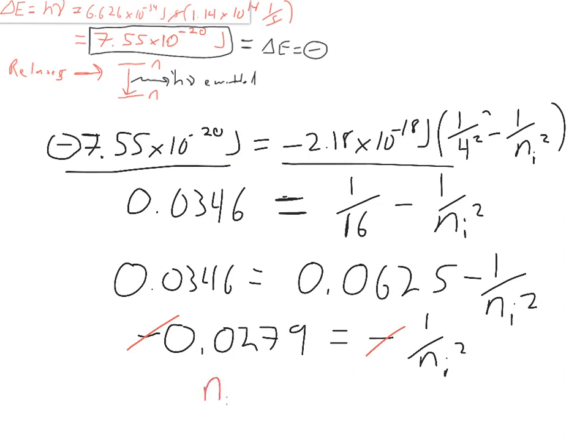So the initial quantum state is going to be equal to 1 over 0.0279, square root of that. So remember from your algebra, multiply both sides by n sub i, and divide 1 by this number. Then to get rid of a square, you take the square root of that.